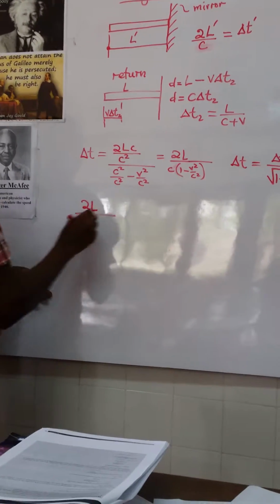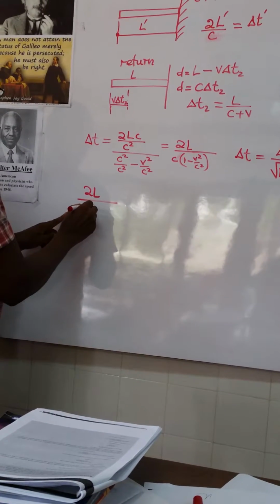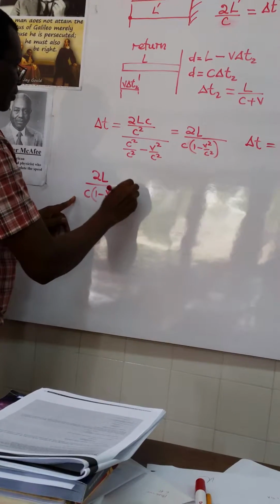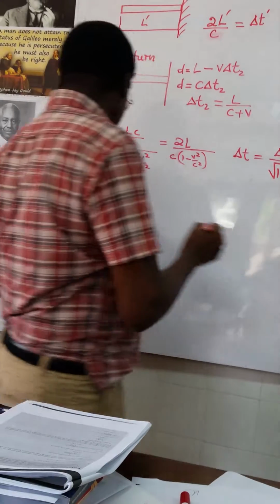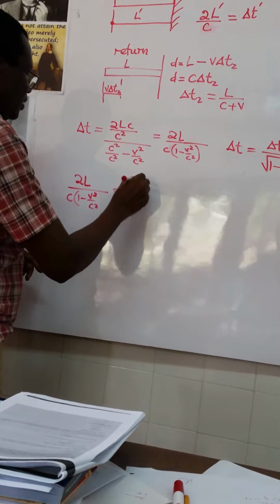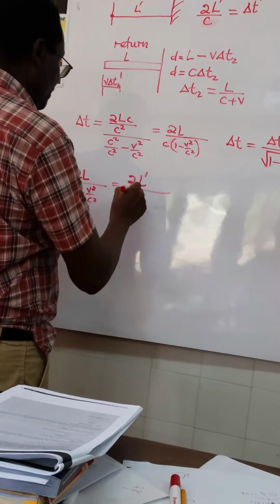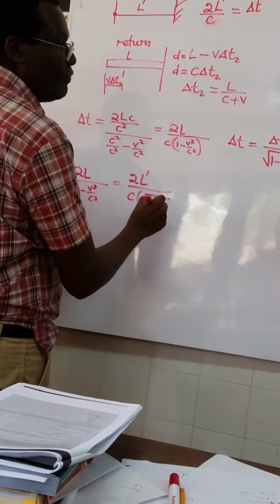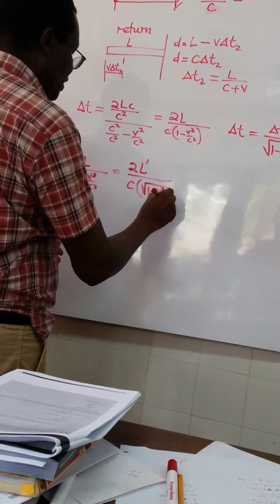So 2L over c into 1 minus v squared over c squared must be equal to 2L prime over c into root of 1 minus v squared over c squared.